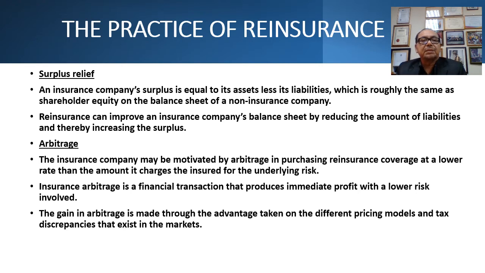So arbitrage: the insurance company may be motivated by arbitrage in purchasing reinsurance coverage at a lower rate than the amount it charges the insured for the underlying risk. So normally the reinsurance company, the big company, will also not charge a very high premium because they are very big, so they have a lot of premium they collect.